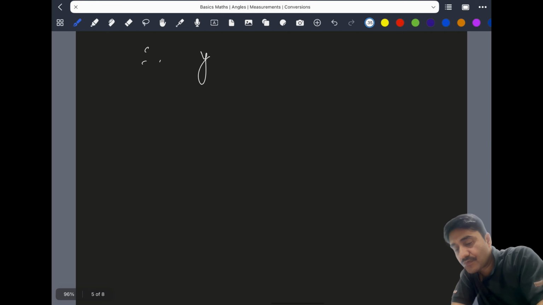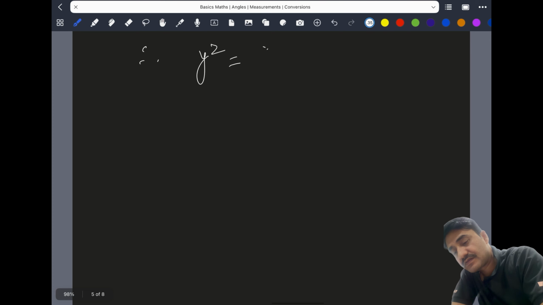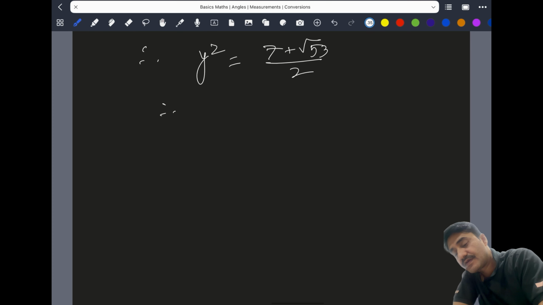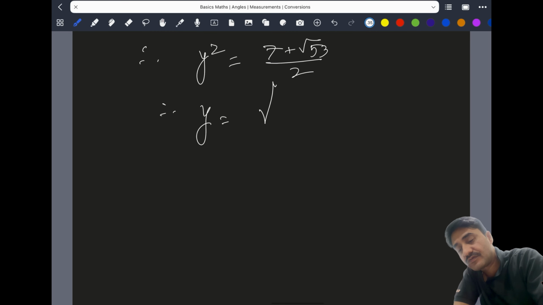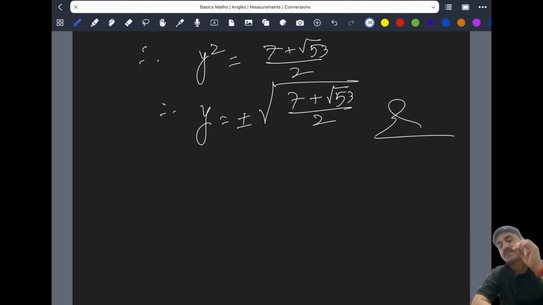Therefore, y square is equal to 7 plus root under 53 by 2. Therefore, y is equal to the square root of 7 plus root 53 by 2. Okay, so this is the answer of this question. Thank you very much.